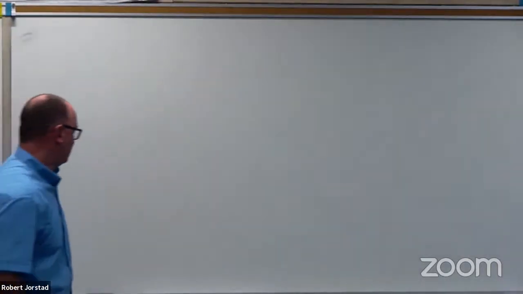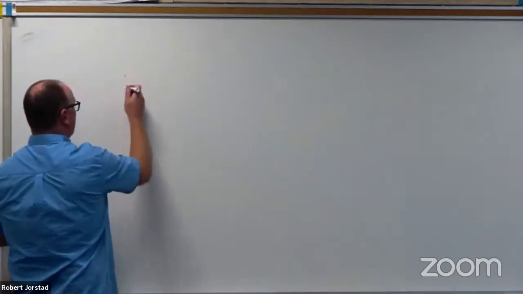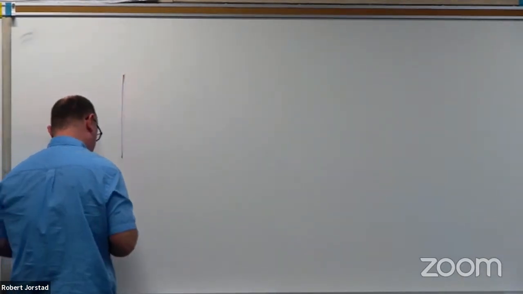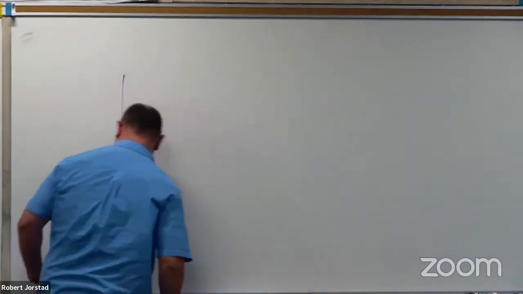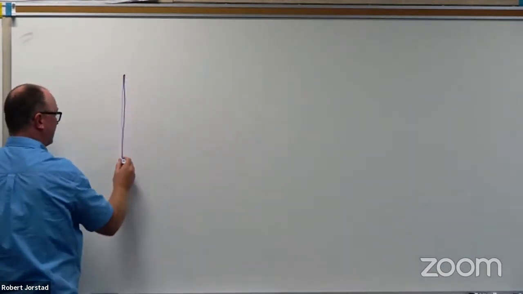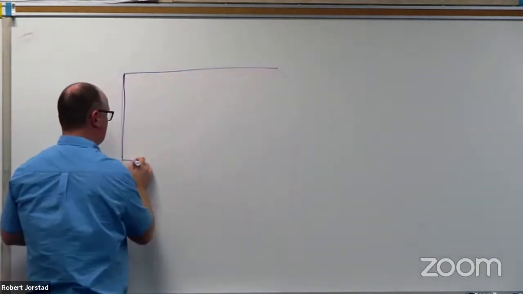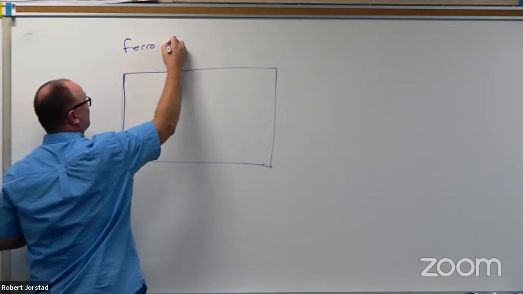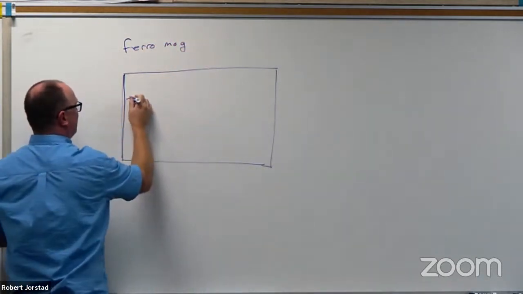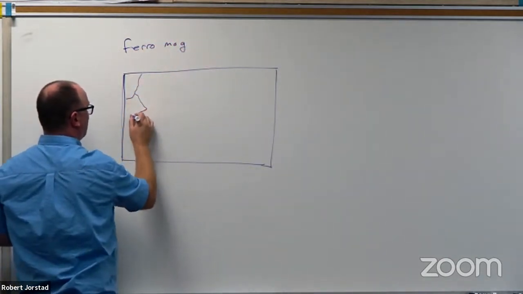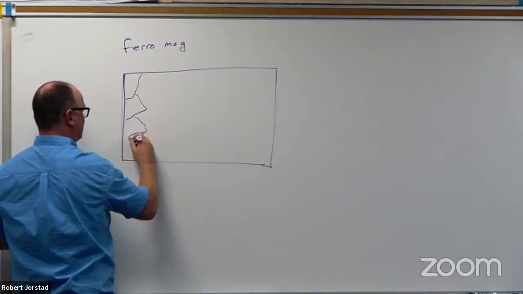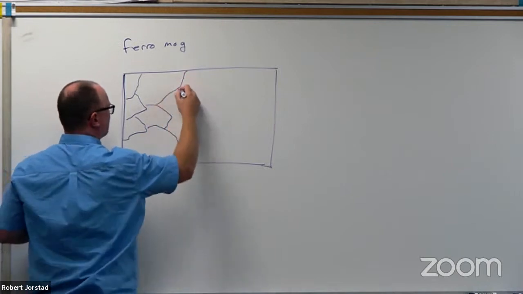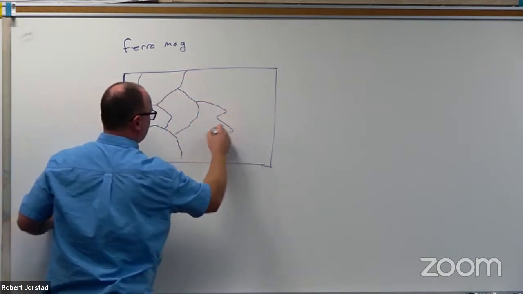All right, so say you have a slab of ferromagnetic material. Inside of here are a bunch of what are called domains, basically regions.